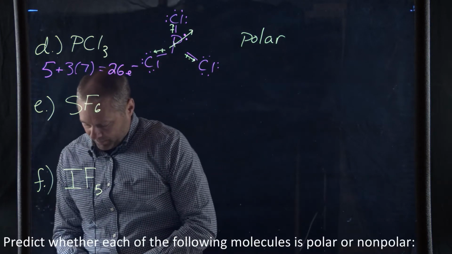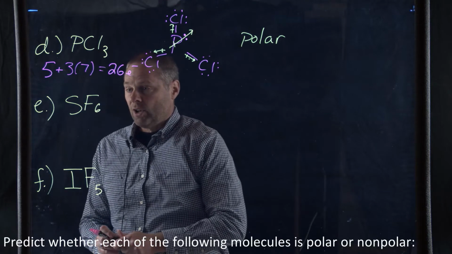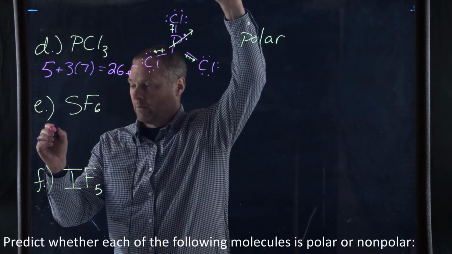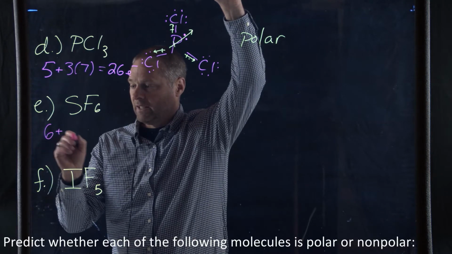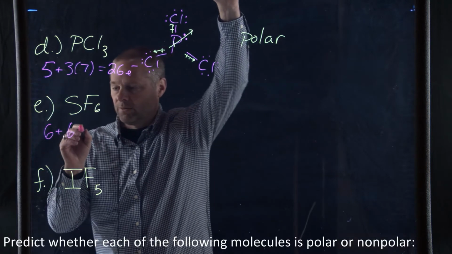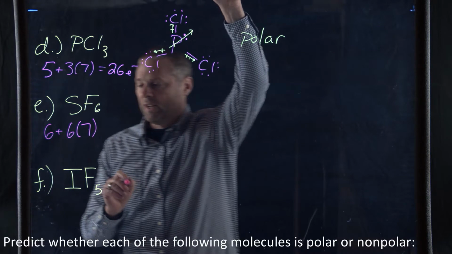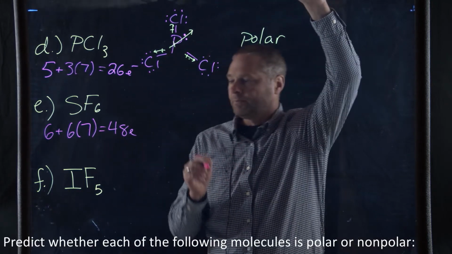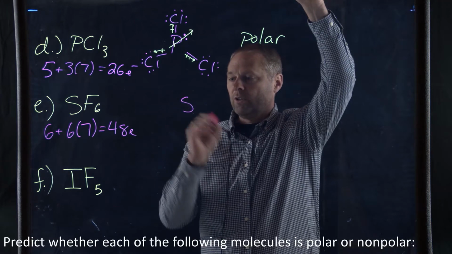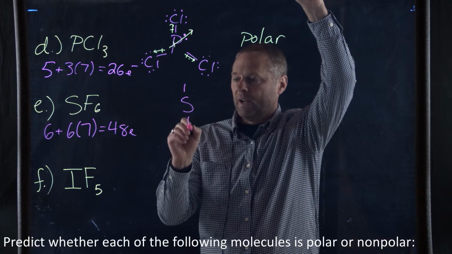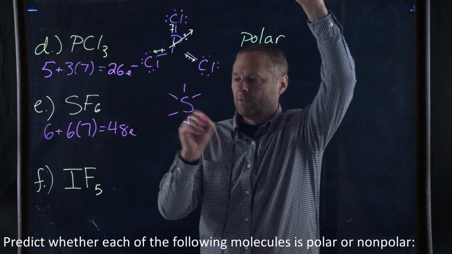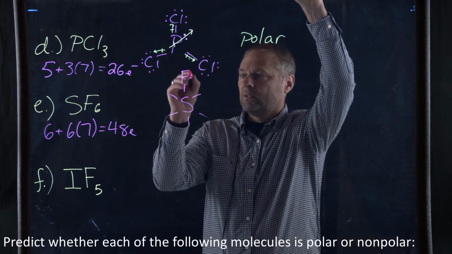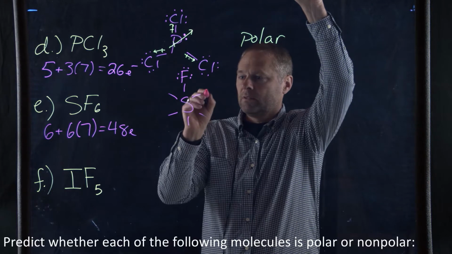All right, now let's look at sulfur hexafluoride. We need to count the number of valence electrons. So sulfur has 6. We have 6 fluorines. Each fluorine is going to have 7. So this gets us to 48 electrons. We draw the sulfur. We now have the fluorines.